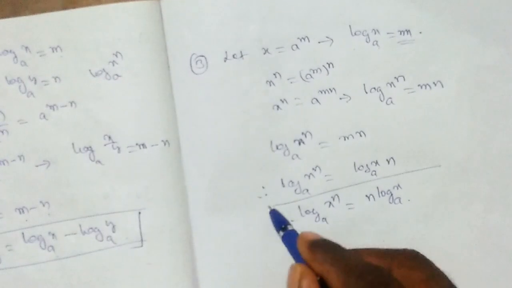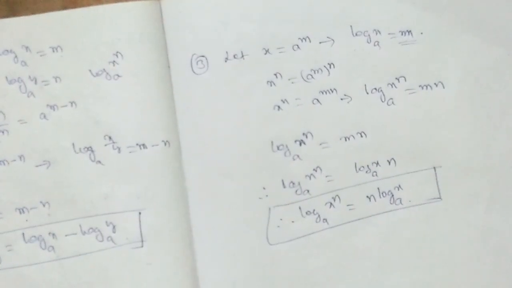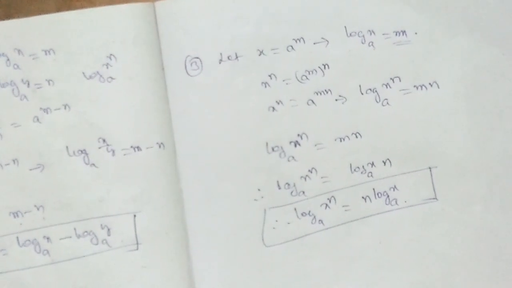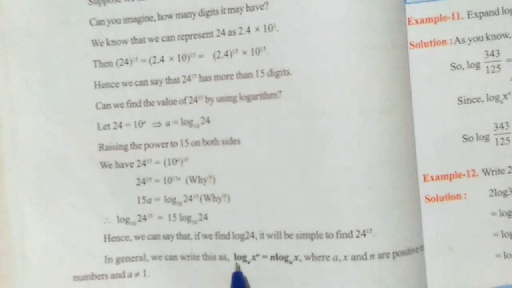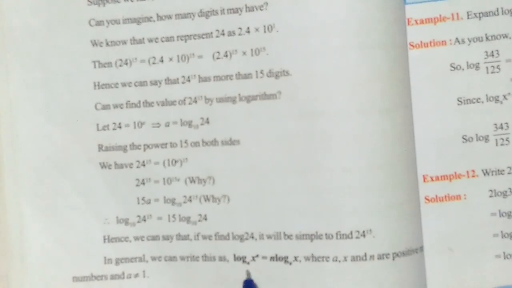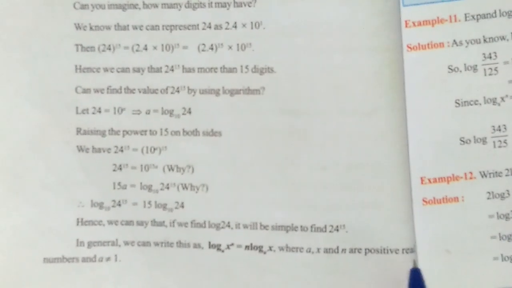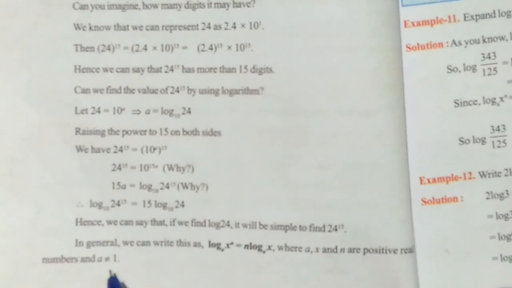This is the third property of logarithms. After proving that, you have to write this one. In general, we can write log of x to the power of n base a is equal to n log x base a, where a, x and n are positive real numbers and a does not equal 1.